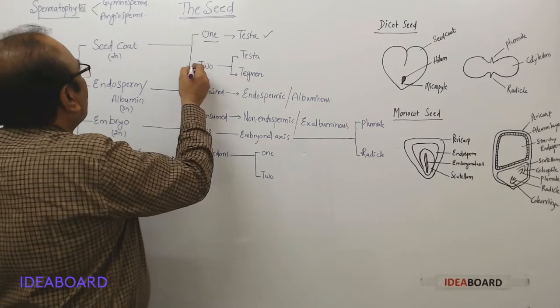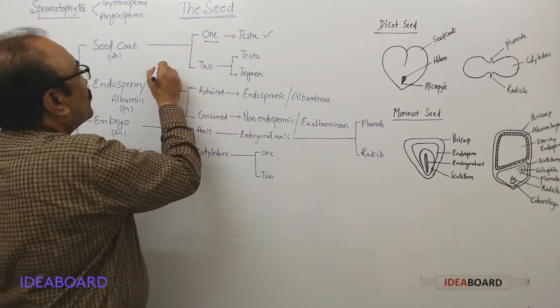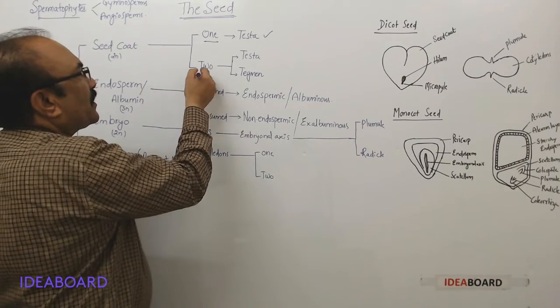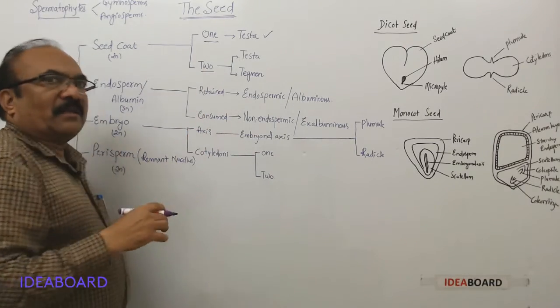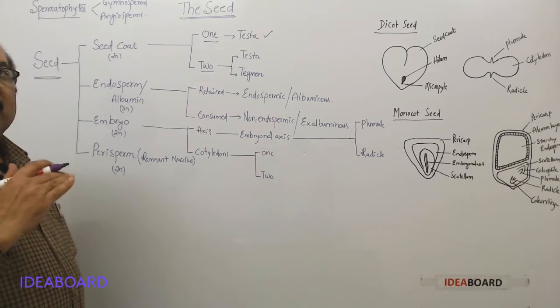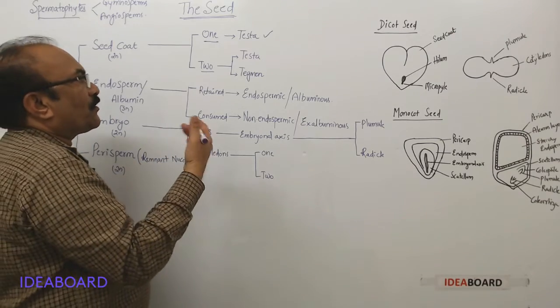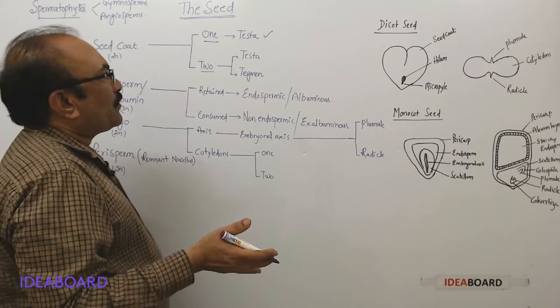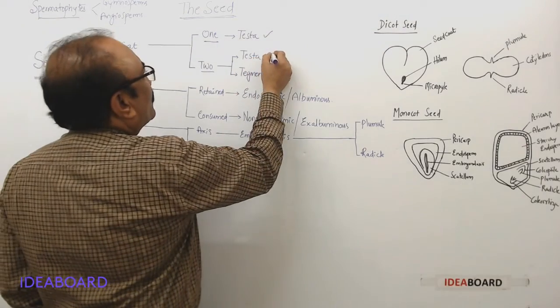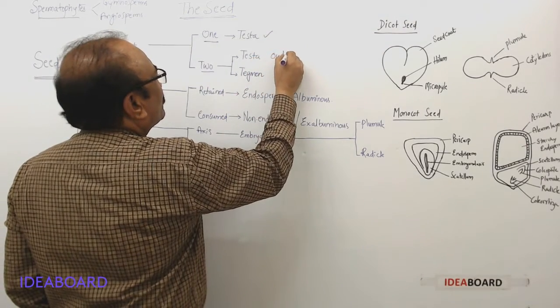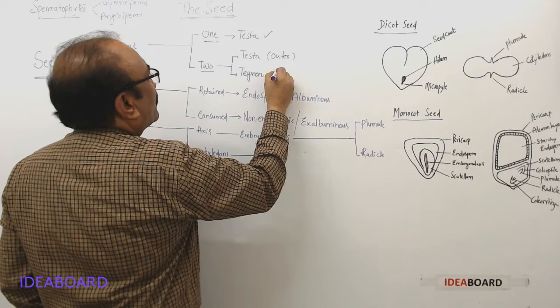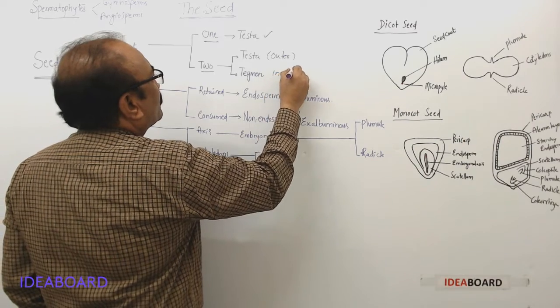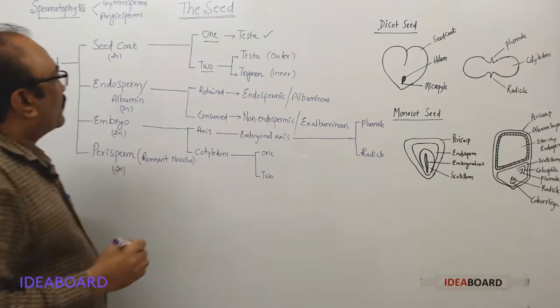And if the seed developed from two integuments, then naturally the seed will have two layers or two seed coats, one outer and the other inner. The outer one is called testa here, and the inner one is called tegmen. Like that.